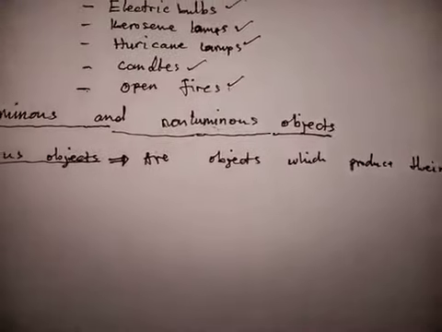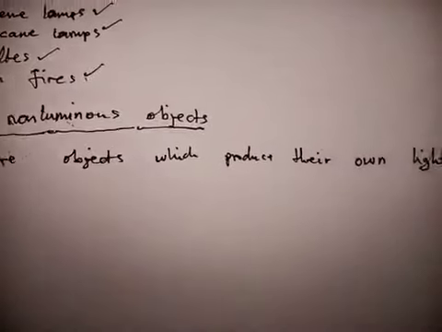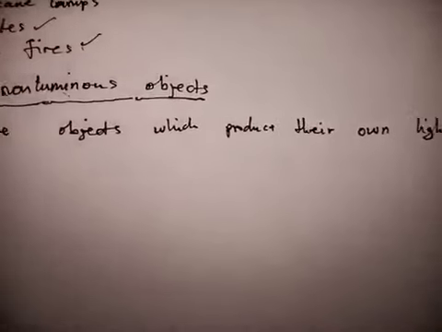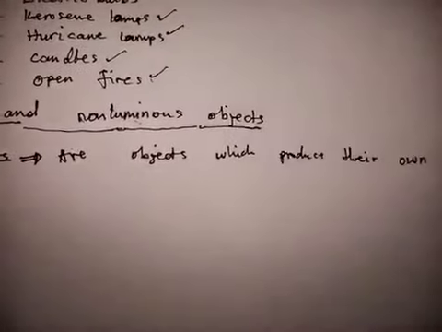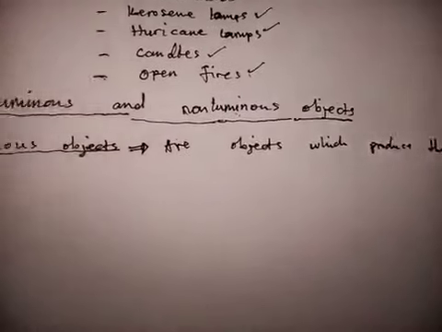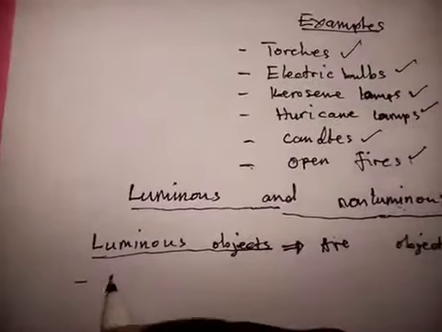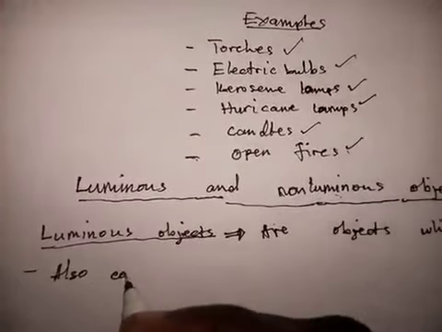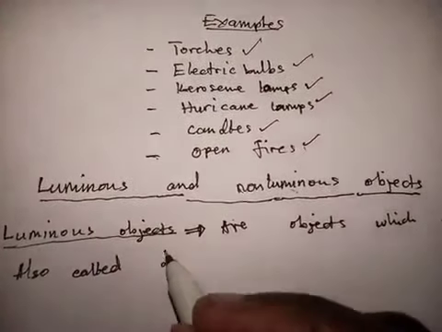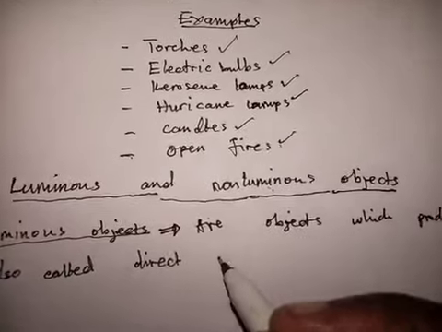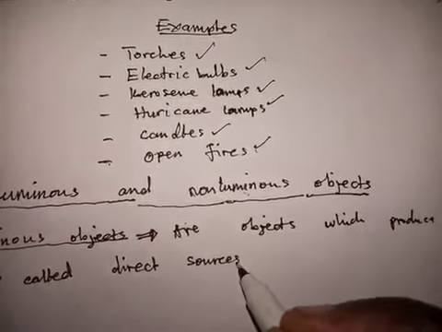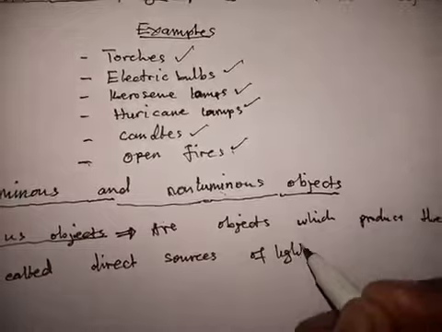So objects which produce their own light are called luminous objects. Things or bodies which don't get light from any other source of light, those are what we call luminous objects. These luminous objects are also called direct sources of light.